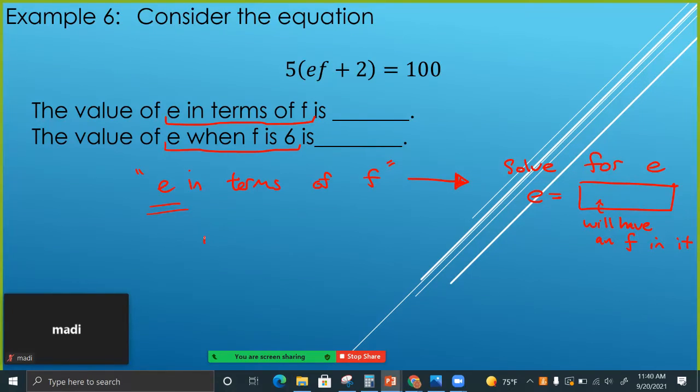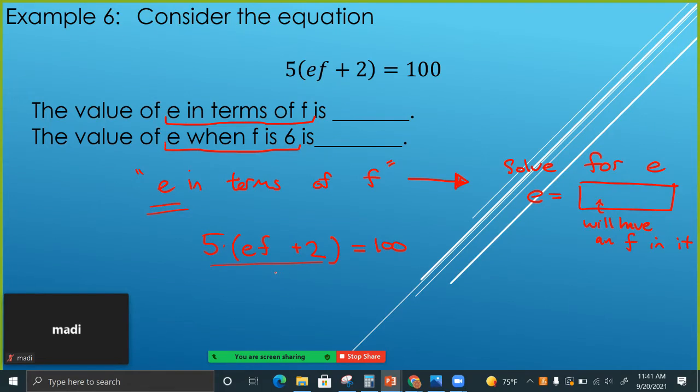So let's try solving it. All right. I've got E times F plus 2, and then that's all multiplied to 5. I want to get rid of all that stuff and get E all alone. Ideally, I could undo my times F and my plus 2, but because they're trapped in that parentheses, I want to get rid of that parentheses first. So to get rid of the parentheses, I need to get rid of that times 5.